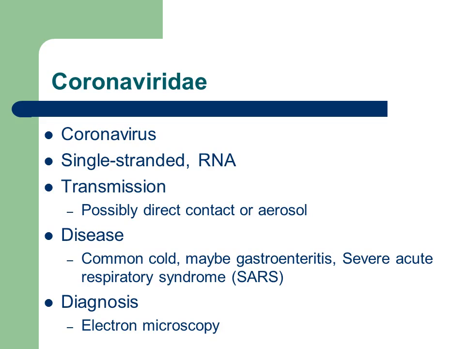SARS made headlines several years back where a lot of people came down with this terrible respiratory tract infection. A number of people died, and they linked SARS to being a coronavirus.